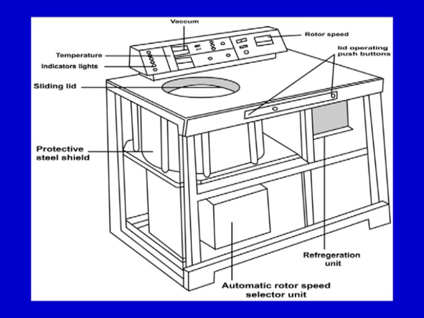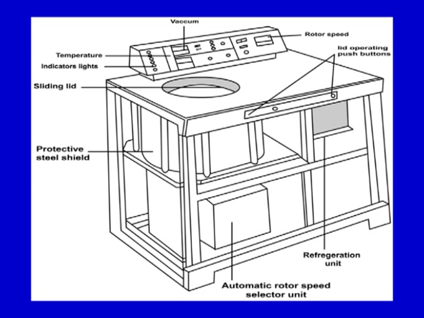There are lid operating controls, an automatic rotor speed selection unit, a protective steel shielding, a sliding lid through which you can put things in, and a refrigeration unit. So, a typical ultracentrifuge might look like this.